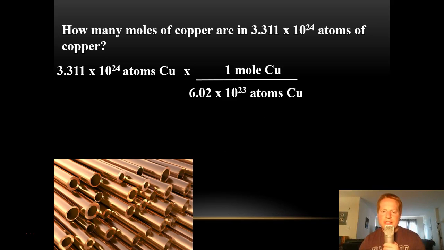Now this type is a little bit different, so you have to be very cautious. When we actually go to put this math in the calculator, we have to use parentheses around the 6.02 times 10 to the 23rd. Why is that?